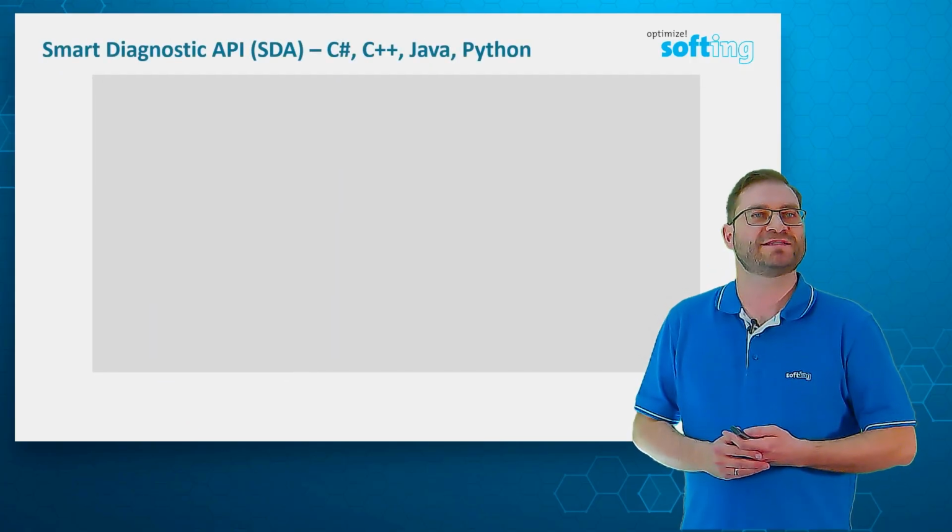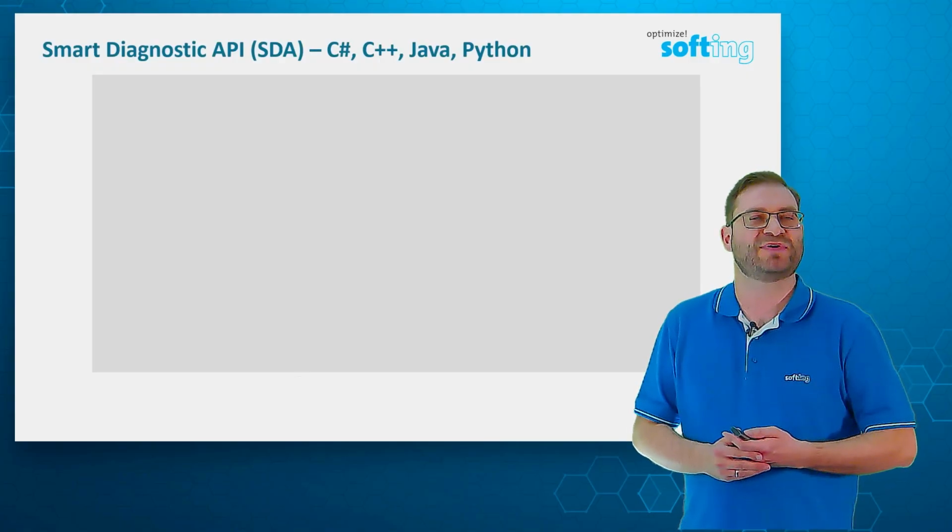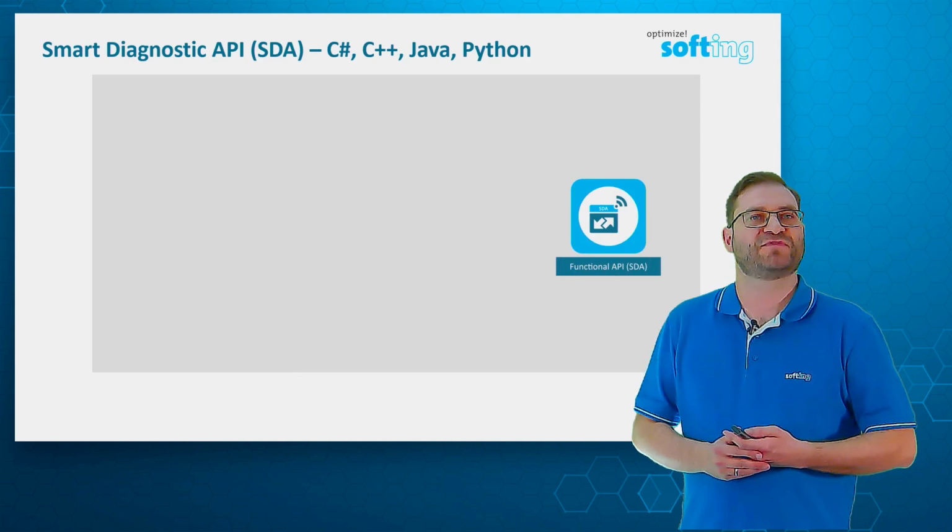It is also called SDA and is available for C#, C++, Java and Python. It's a functional API, and I'm going to show you a short extract of the existing SDA functions.